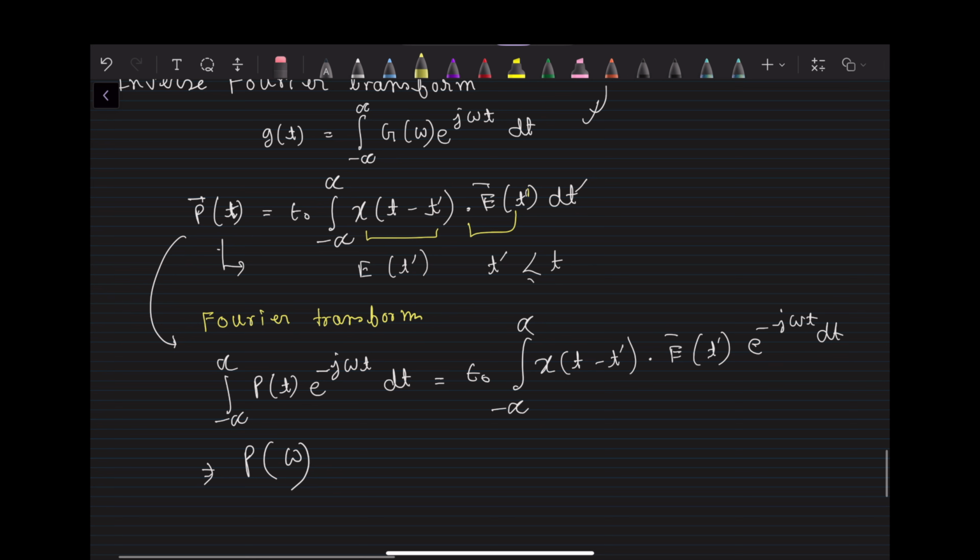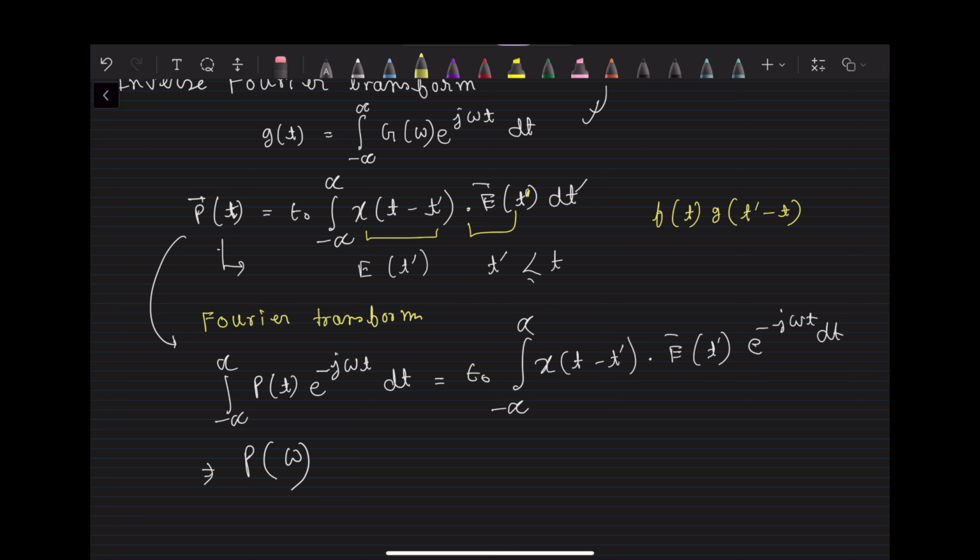When we have a function something like, maybe let me write it as functions of t and g of maybe something like t dash minus t.